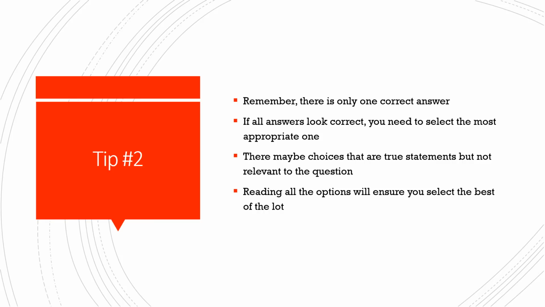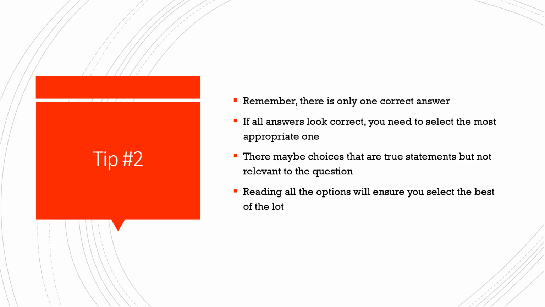So, how do you tackle such questions? Well, number one is to make sure you read all the options. Number two is to distinguish between these options by understanding whether these options are simply true statements, but not the right answer.